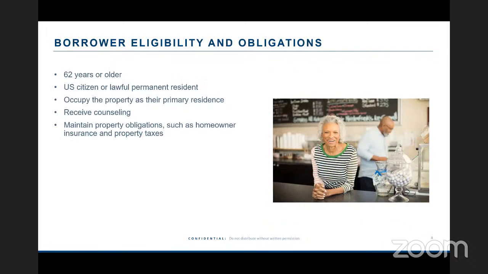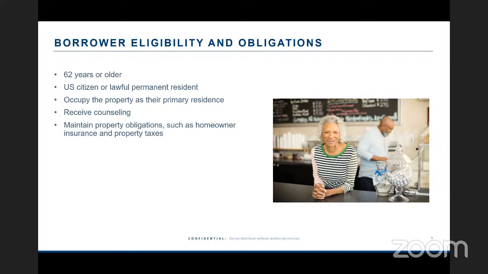Let's take a look at the borrower eligibility and obligations under a reverse mortgage. And we're talking about the HECM specifically now. The borrowers are 62 years of age or older, U.S. citizen or lawful permanent resident. They occupy the property as their primary residence.